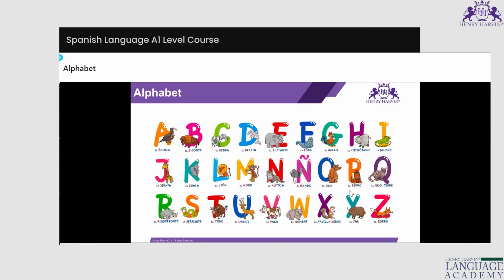Also perro, then cuál, tigre, rinoceronte, serpiente, toro, wapiti, vaca, uombat, ardilla, ceros, yak, zorro.